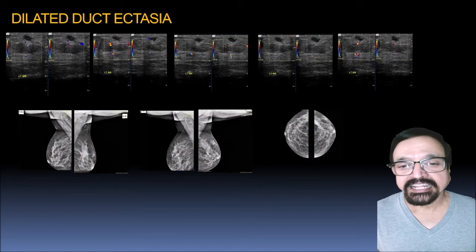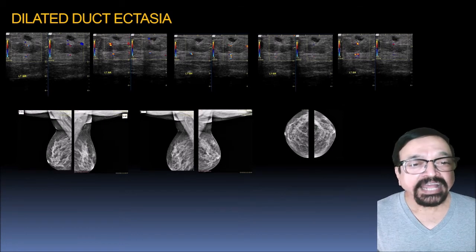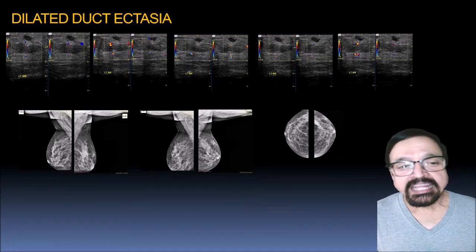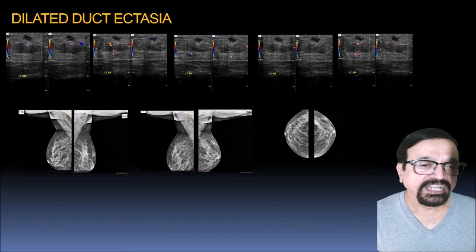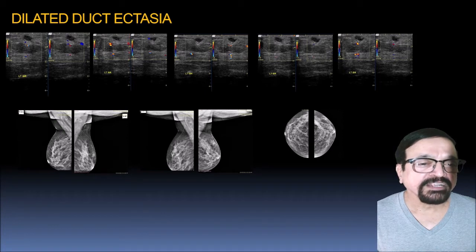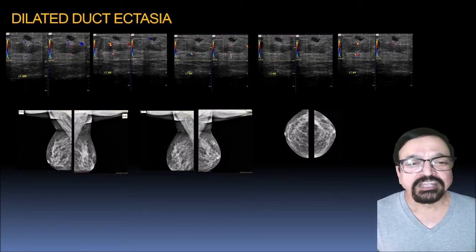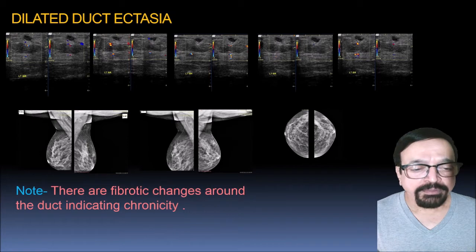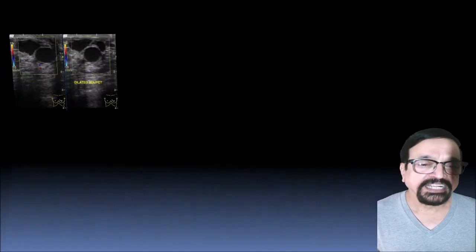You can see the dilated duct. The vascularity will depend on the acuteness of the lesion. If the infective process is chronic, if it is infiltrating the surrounding tissues producing fibrosis, there will not be much Doppler change. Fibrotic changes around the duct indicate chronicity in this case.